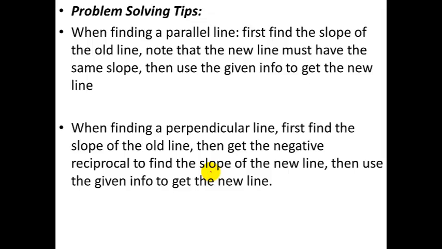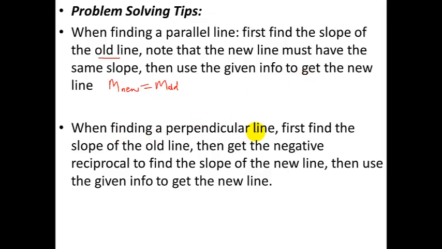Okay, problem solving tips. When you're searching for a parallel line, the first thing you want to do is find the slope of the old line, and then realize that the new line has the same slope. So m new equals m old, right? And then once you know the slope of the new line, you can use whatever other information is given to find the equation.